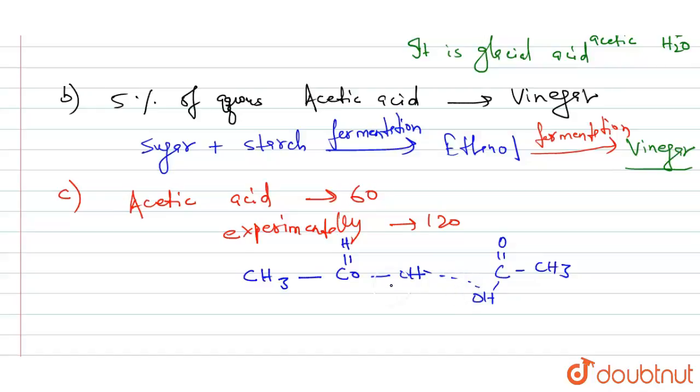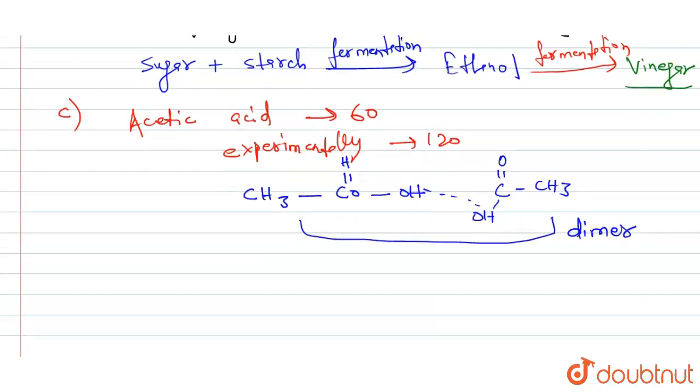Intermolecular hydrogen bonding makes a formation of dimer. It is forming a dimer here. And what is the weight of the dimer? The weight of the dimer is 2 into 60, which we get 120.